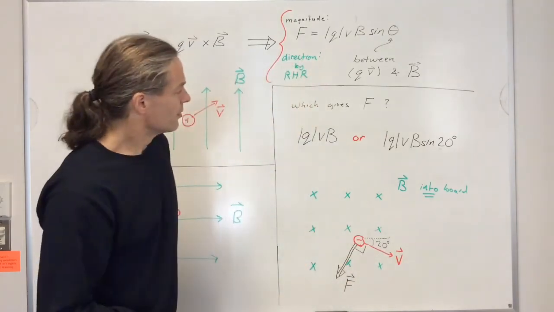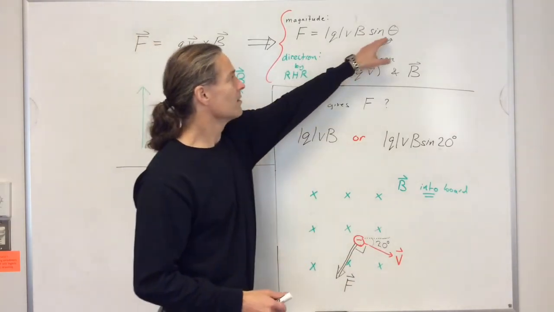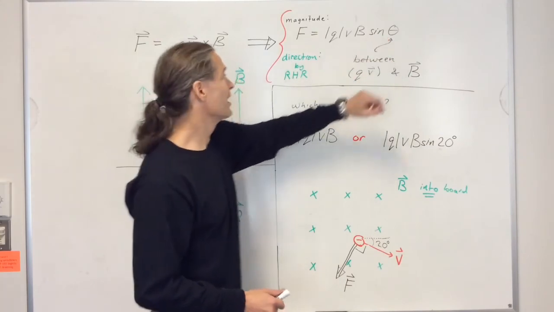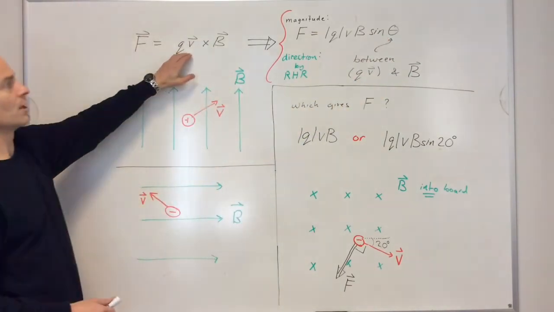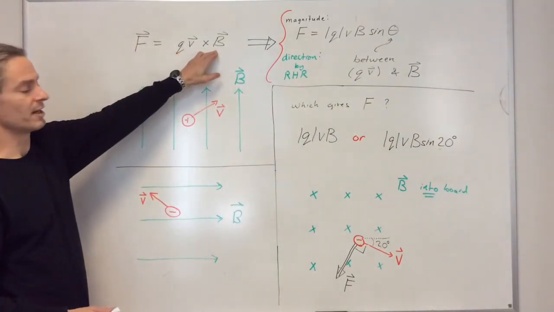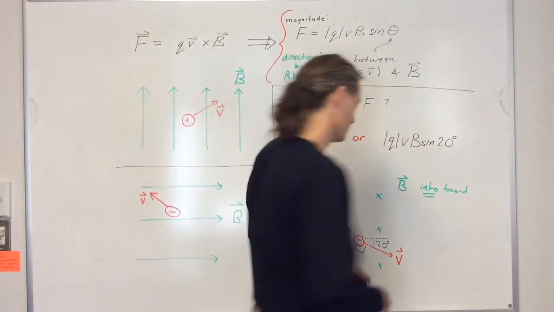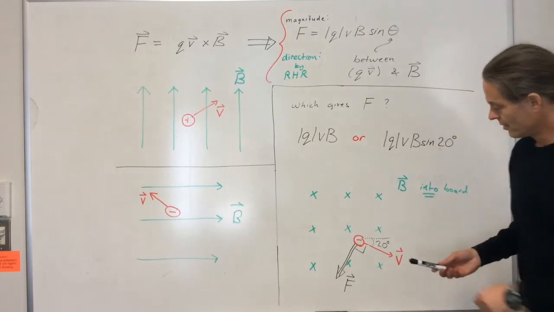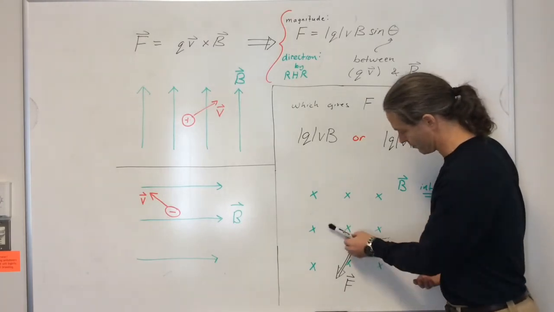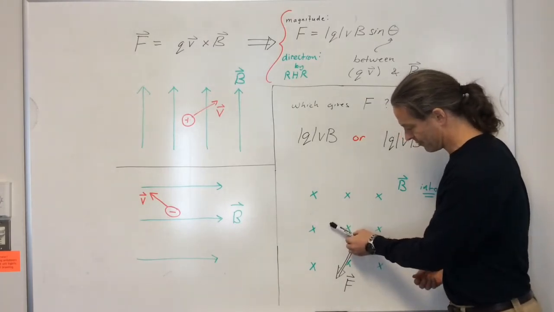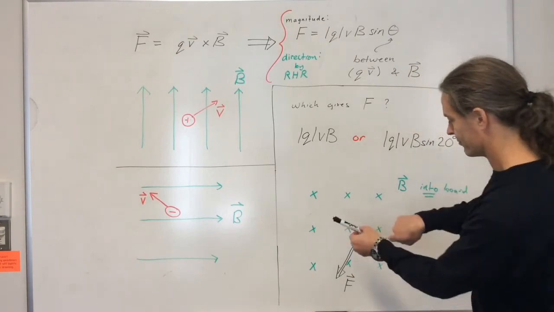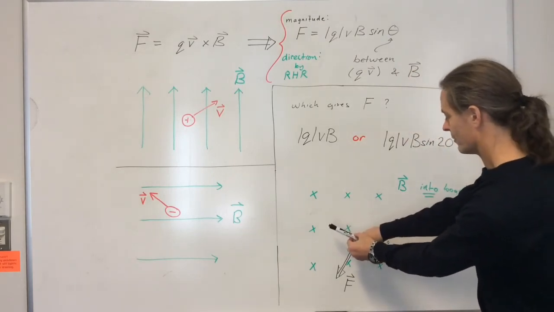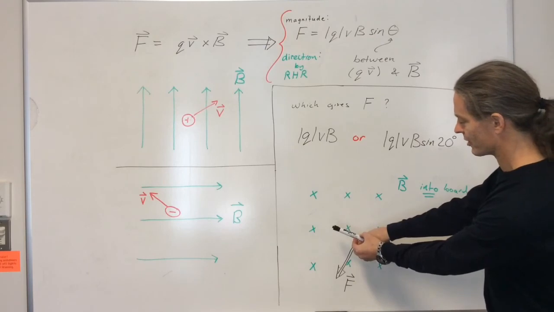Great. But the theta that I want in this expression is the angle between Q times V and the magnetic field. Well, let's think about whether the 20-degree angle is correct for that. Q times V is this way. The magnetic field is this way. So those are right angles to each other.